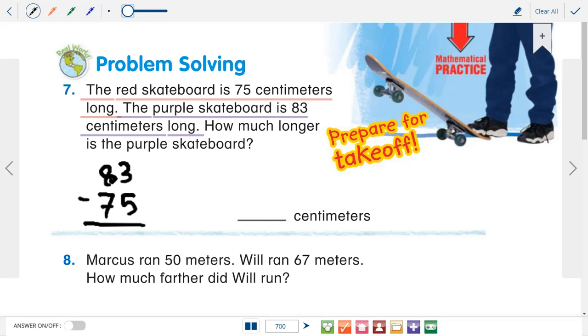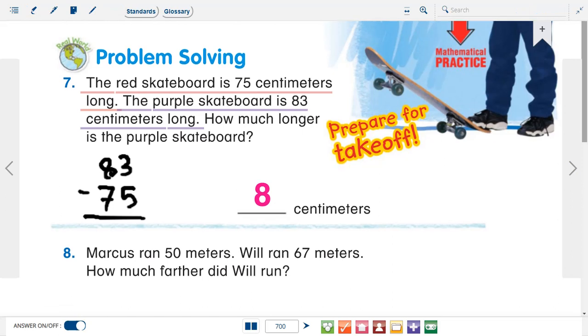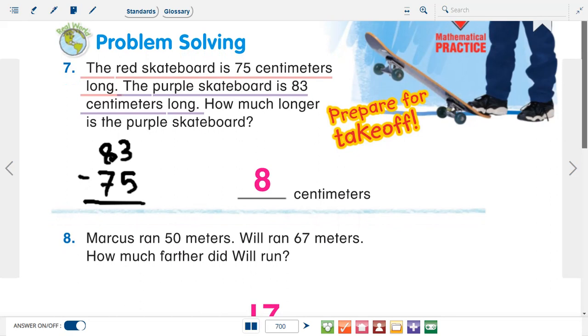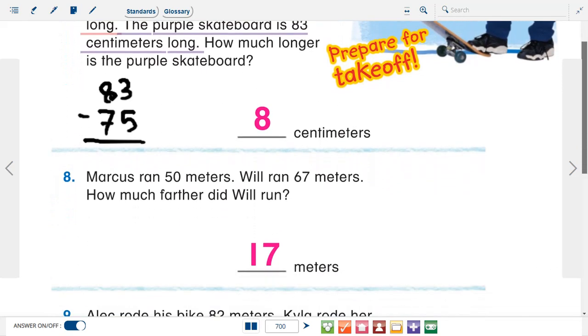I suppose that you can subtract 3-digit numbers. That's why I'm not going to subtract it for you. I'm going to show you the answer, which is 8. Okay. As you notice, numbers here are near to each other, so you can count. Put 75 in your mind and count until you reach the 83. Okay. So you can use different techniques to subtract, but the most important thing for me is to subtract them.